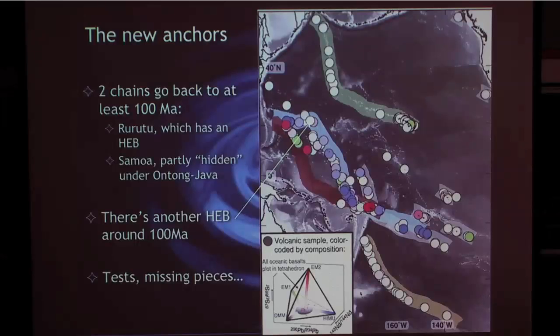Just sort of giving you this idea back. I think we have another hotspot chain that we can start using, and I think this exercise of tracing things back to the original locations, we now have enough dots, enough ages, that we can start making something out of the way these things reconstruct back in time to start looking at relative motions.